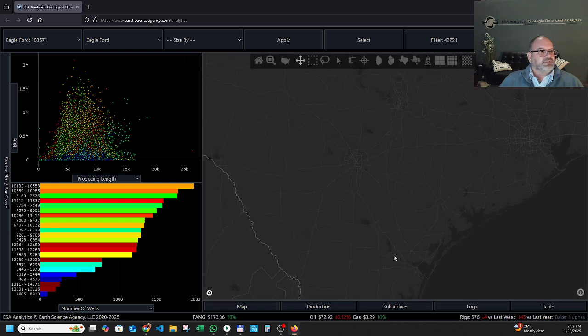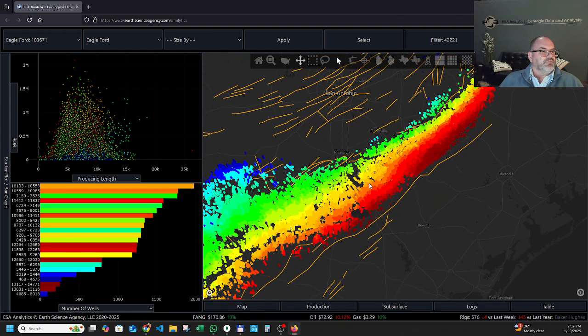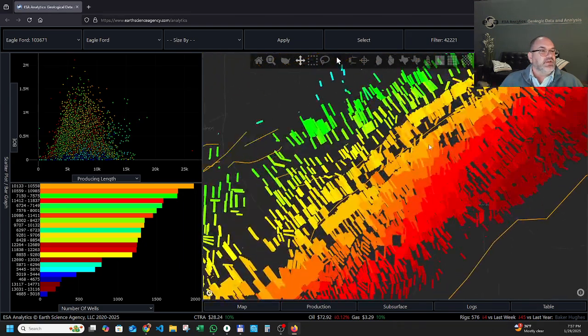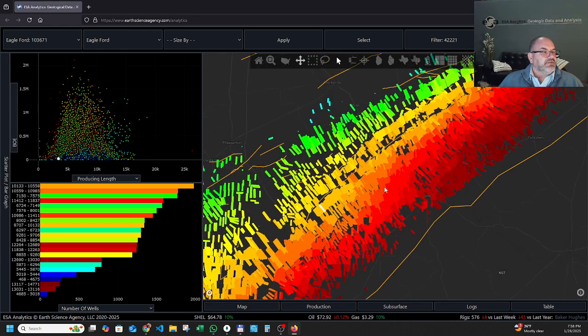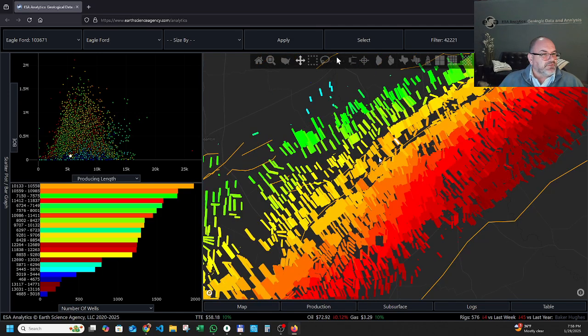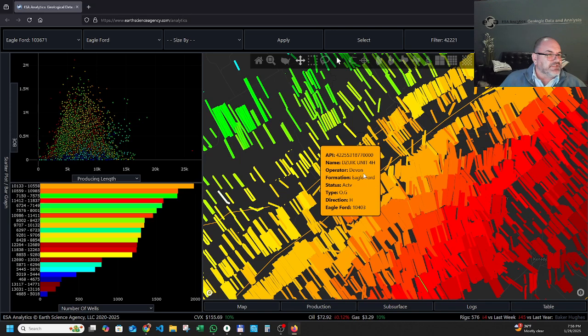Because what this is going to show you is just how the wells typically are oriented with the geologic stresses in mind. And so you can see they're trying to be perpendicular to the stresses that created, so you can really kind of map this out. It really brings out the pattern that you want to see.